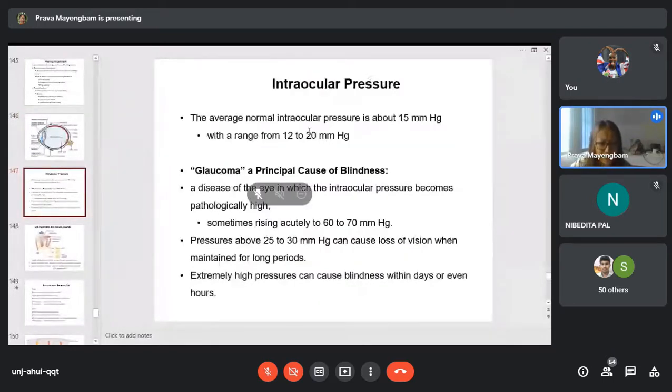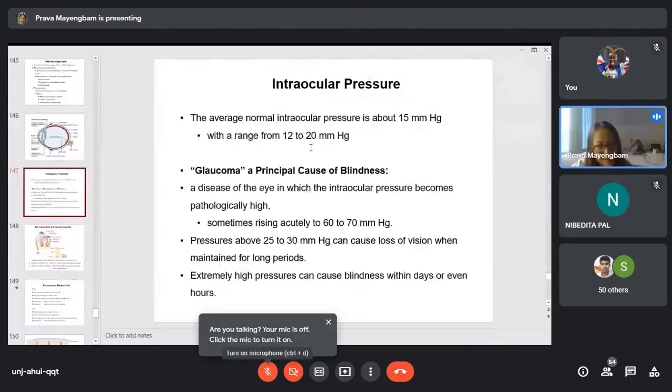It ranges from 12 to 20 mmHg. Glaucoma means a condition where the pressure rises above 20, above the normal.